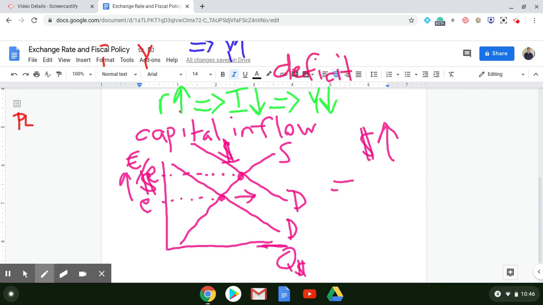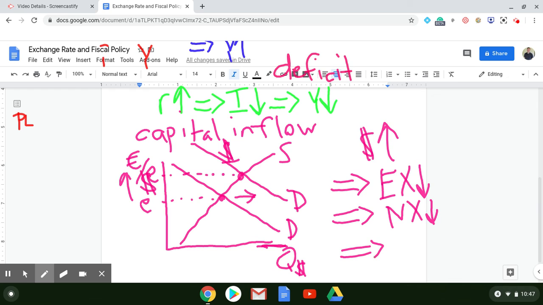So as the exchange rate increases, that means the dollar appreciates. As the dollar appreciates, exports decrease, because that means goods and services in the United States are more expensive relative to other currencies. If exports decrease, net exports decrease, and Y decreases.